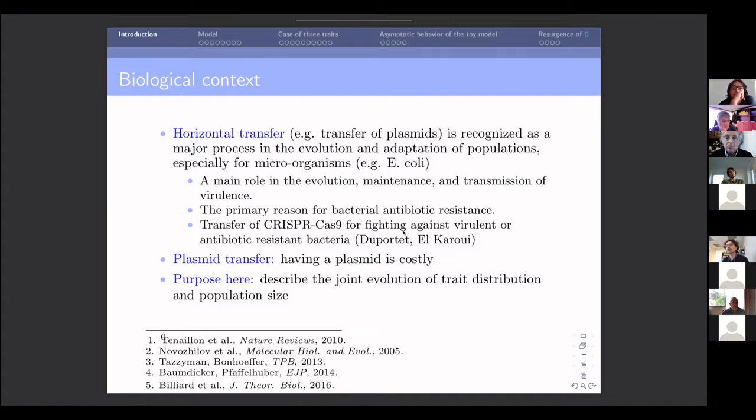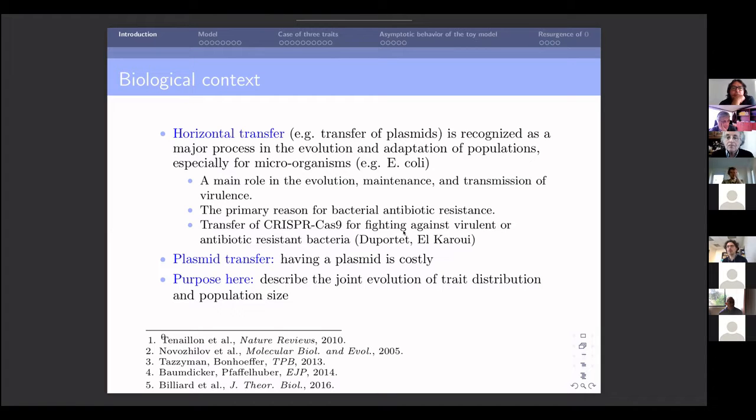What is important to know is that this is really something crucial biologically. It is recognized as a major process in the adaptation of bacterial populations, such as Escherichia coli. It may help them to maintain and transmit some virulence.